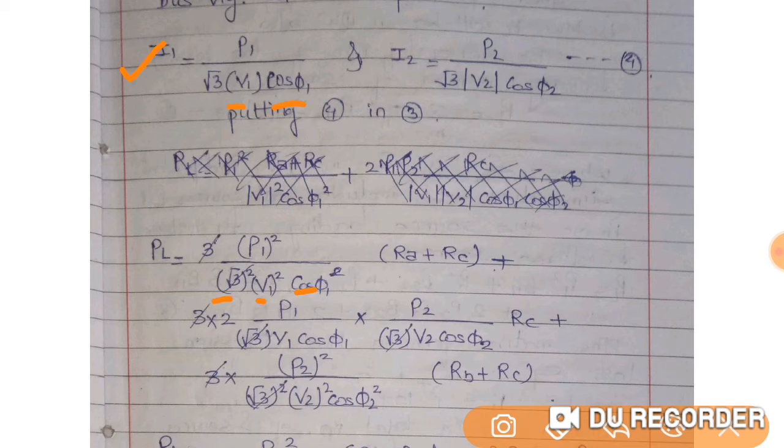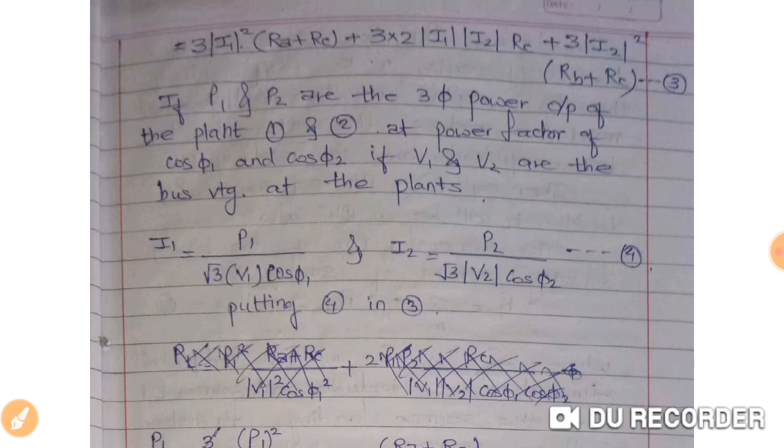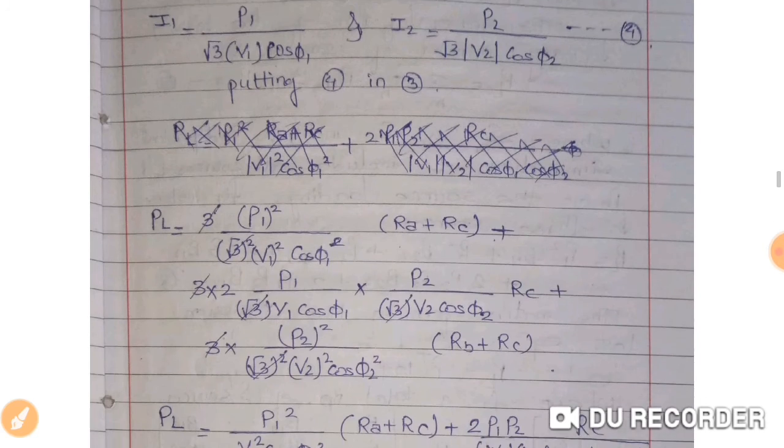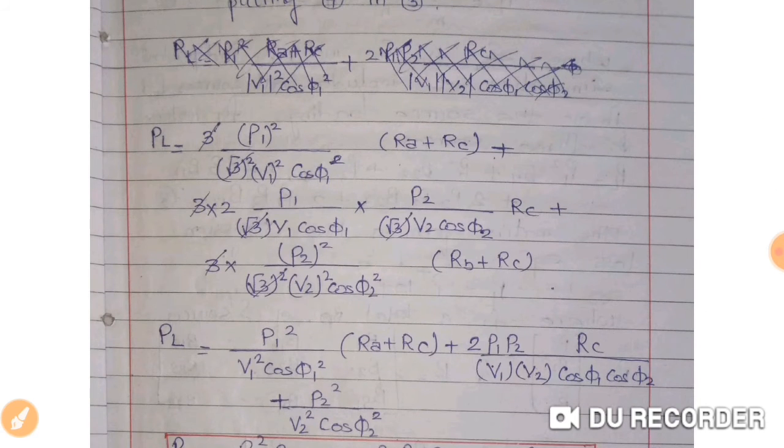Now this √3² and 3 will get cancelled because √3² is 3. And what is remaining? Ra + Rc. From the previous equation we had Ra + Rc already, right? Similarly do it for the other two terms also, just to replace or put the values of I1 and I2.